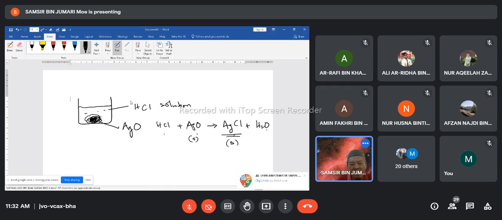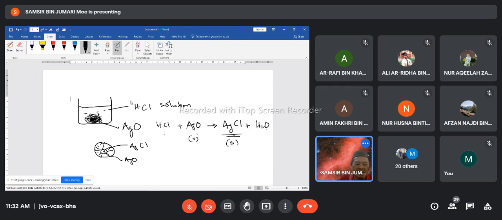So the outside layer of the silver oxide here is the silver chloride. This is silver oxide, and this is silver chloride.